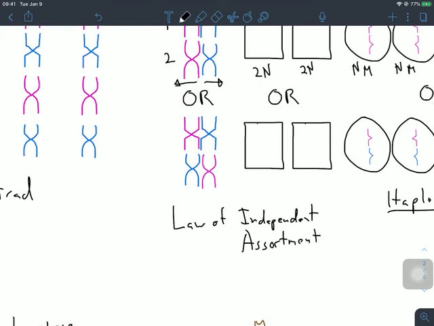These chromosomes assort independently of one another, meaning that mom 1 doesn't care whether mom 2 is on the left or mom 2 is on the right. It's just going to coin flip whichever direction it goes, because remember, these chromosomes don't know what chromosome they are. They don't know which parent they came from. They just know which is their homologous pair.